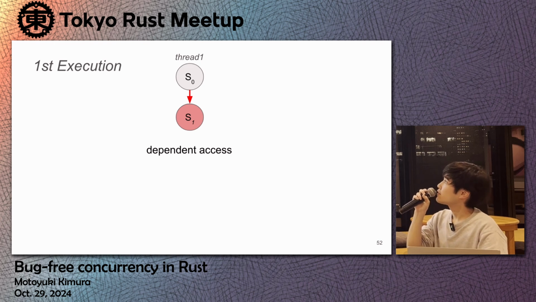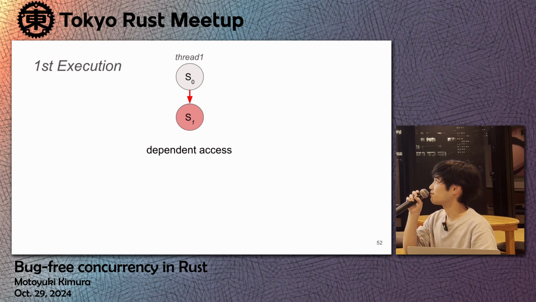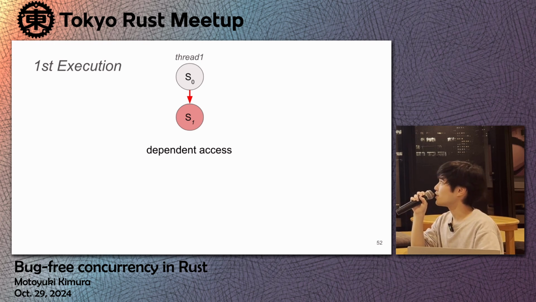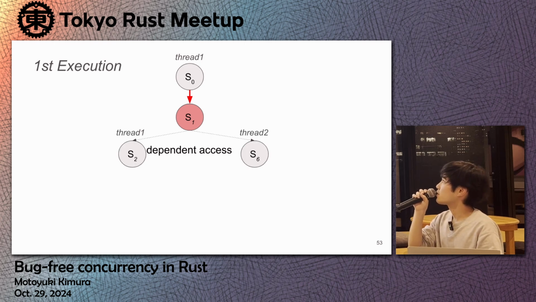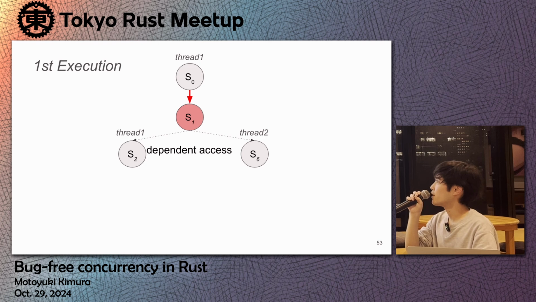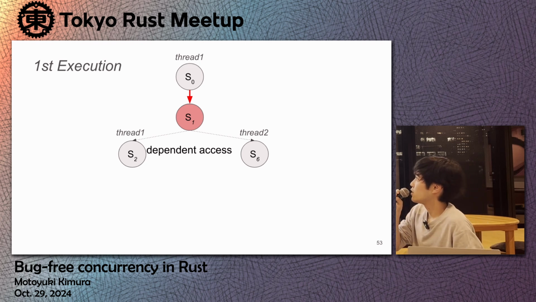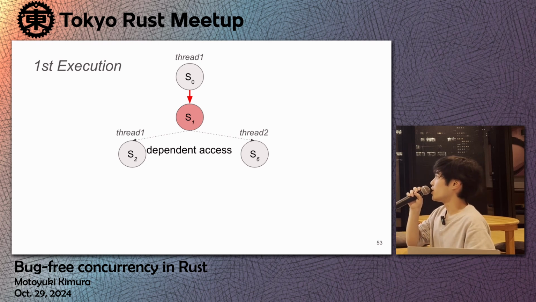So let's say we hit a dependent access, as I mentioned. This is something like reading from an atomic variable or mutex value. And more importantly, a dependent access is a place where we have more than one thread interleaving option. So in this graph, we have an option of staying on thread 1 or switching to thread 2.